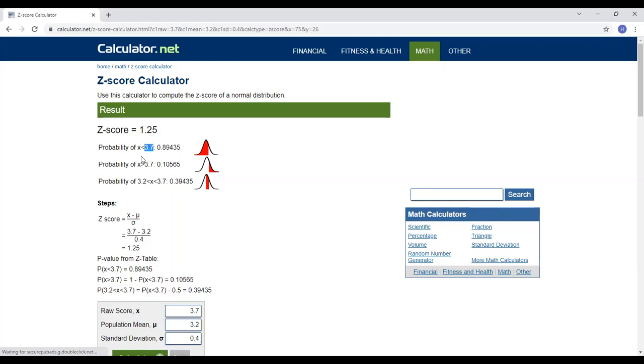It means the percentage of rides that are 3.7 hours or less is 89.43%. Now, the percentage of rides that are greater than 3.7 is just 10.56 or 57%. So I think the slides have an error.